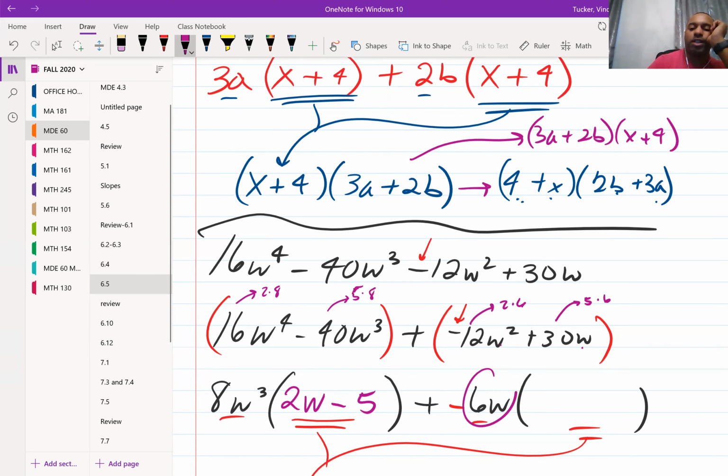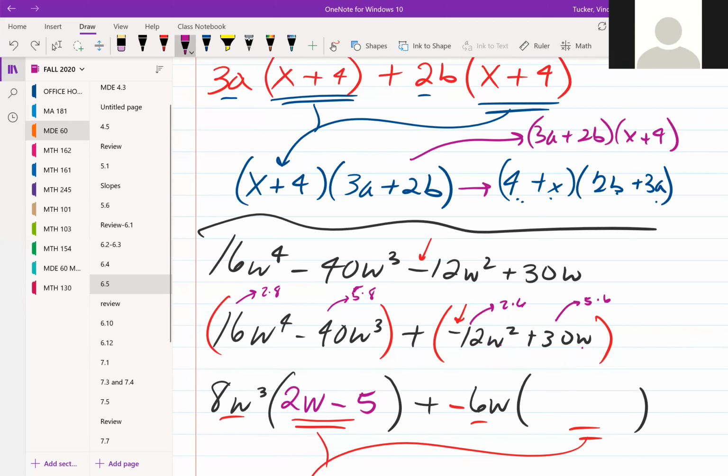So that's why we have 6w right here. Say that again. Well, we have 2 w's here and 1 w here. So the most you can pull out of each is the 1 w. And it will still have a w left over to go inside the parentheses, right? Okay.